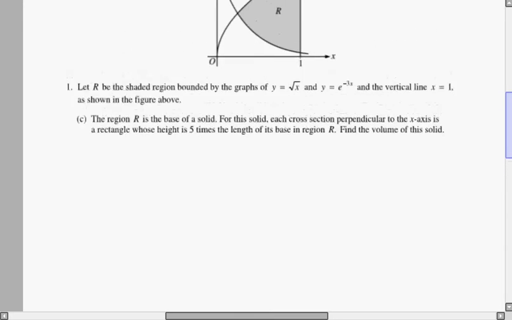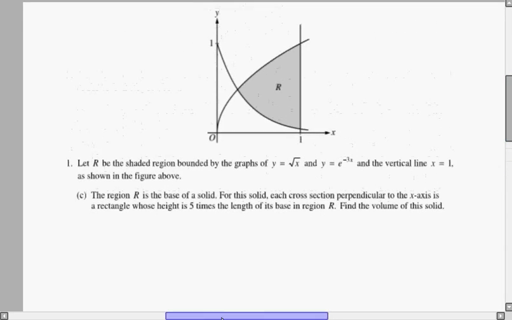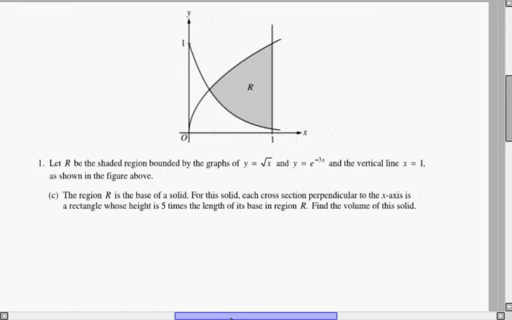Now for C. C says, the region R is the base of a solid. For this solid, each cross-section perpendicular to the x-axis is a rectangle whose height is 5 times the length of its base in region R. Find the volume of the solid. Well, to do these, we first find our side, which is technically our length in this case.